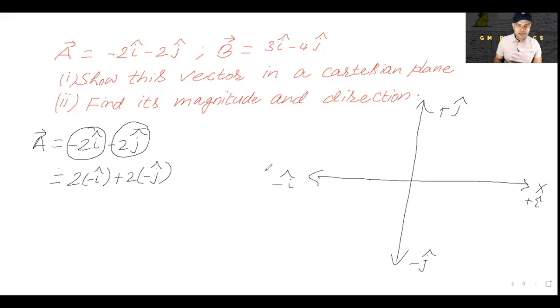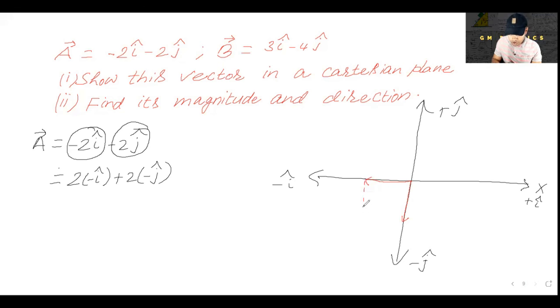Now let's represent both of these components. The x component is 2 along the negative x-axis, so I'll draw a line of 2 units along the negative x-axis. Don't mind this curve, you have to assume it's a straight line along the negative x-axis. Similarly, this is 2 units along the negative y-axis.